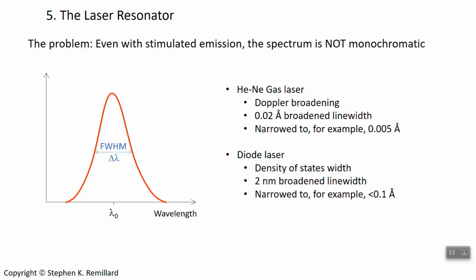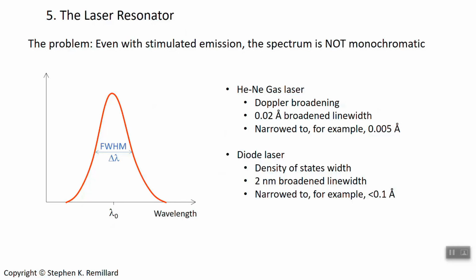A resonant cavity is employed to narrow that to something on the order of 0.005 angstroms, but I say for example because that's a design parameter, and it can vary a lot from design to design and application to application. The diode lasers are broader band. You might have a 2 nanometer broadened line width.